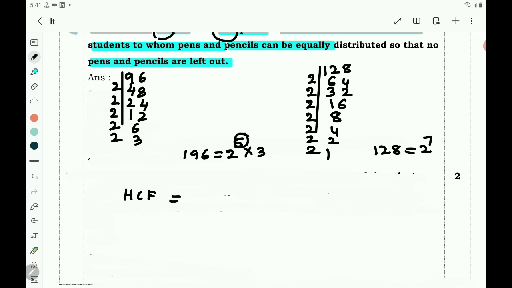Out of 5 and 7, 5 is the minimum, so you take 2 power 5. 2 power 5 is 2 into 2 into 2 into 2 into 2: 2 twos are 4, 4 twos are 8, 8 twos are 16, 16 twos are 32. So you got HCF equals 32.